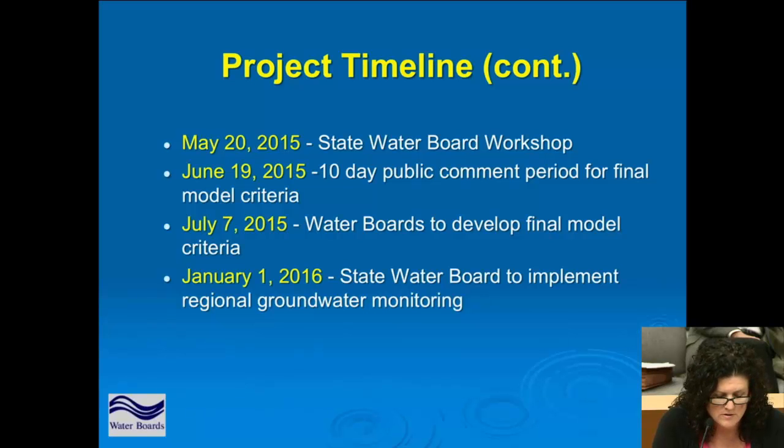The final model criteria will be posted in late June for a 10-day public comment period. The Water Board is then scheduled to adopt the final model criteria at the July 7th board meeting, and we will begin implementation of the regional groundwater monitoring by January 1st of 2016.